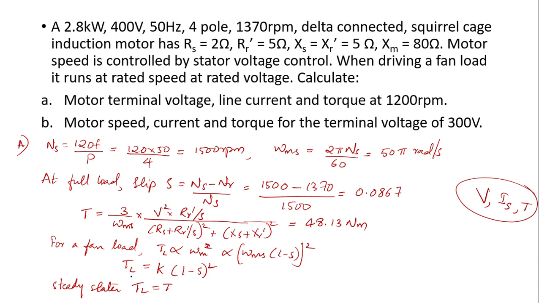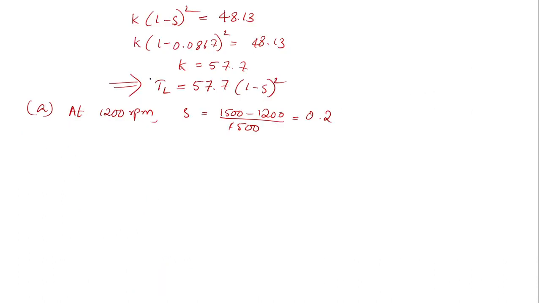We have already found out a generalized equation for load torque, and you can see that in this equation, the load torque depends only on the slip, and the value of the slip is already known to us. So again, during the steady state condition, T is equal to TL.